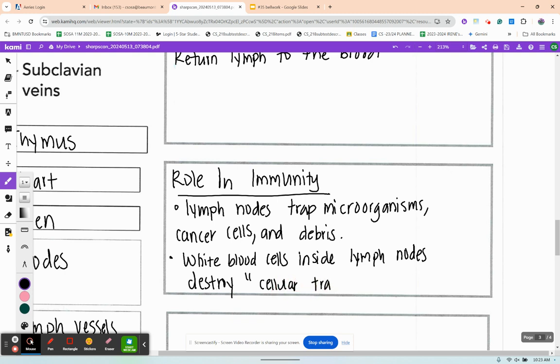So all the microorganisms, all the leftover debris, it's all destroyed pretty much in our lymph nodes, okay, by our white blood cells.